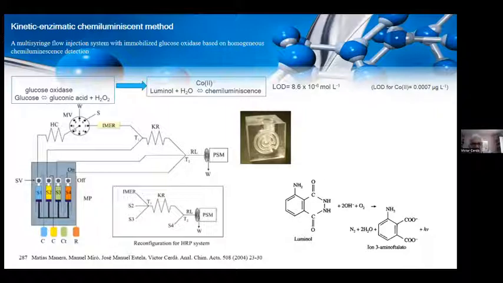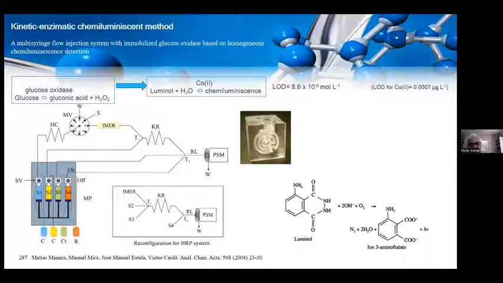It has a spiral placed in front of a photomultiplier. And this allows determining glucose indeed in non-glucose-containing drinks. It means you can determine very, very low concentrations of sugar.